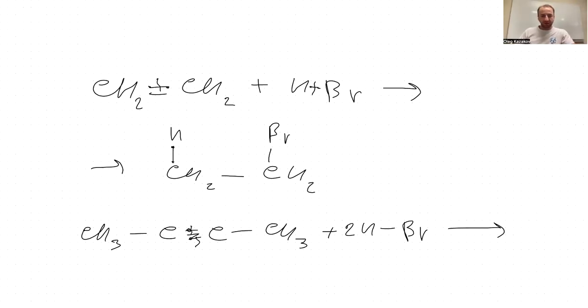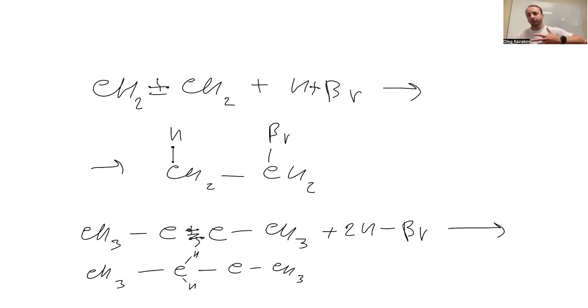So here we go. Let's draw them. So CH3, this central bond survives. And now you're going to have a CH bond and a CH bond, right? So that's the 2 H's that came from 2 HBr molecules, hydrogen bromide. Don't forget to redraw the parts which don't participate in the chemical reaction.